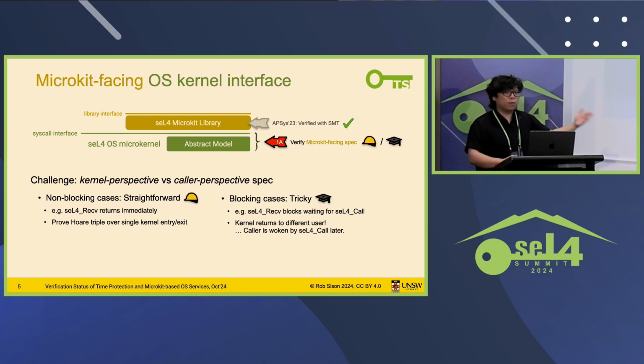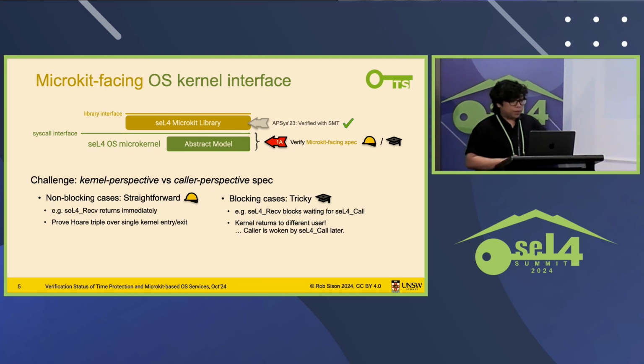And you can have any number of entries and exits to the kernel in between until finally one system call, seL4 call or seL4 send, happens to wake up the original caller. And then we have to prove a Hoare triple that spans all of those things happening, right?